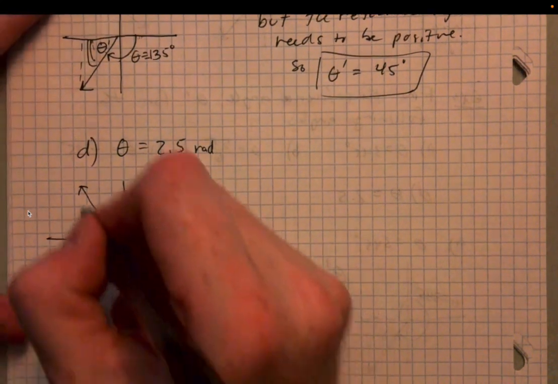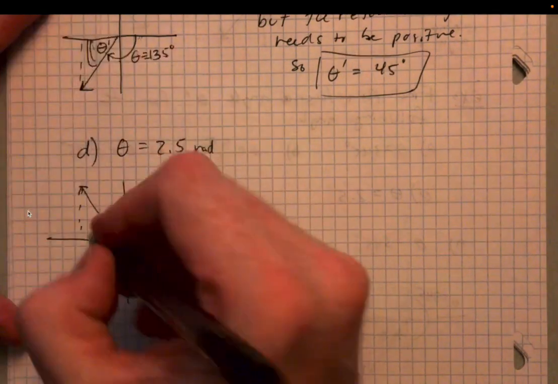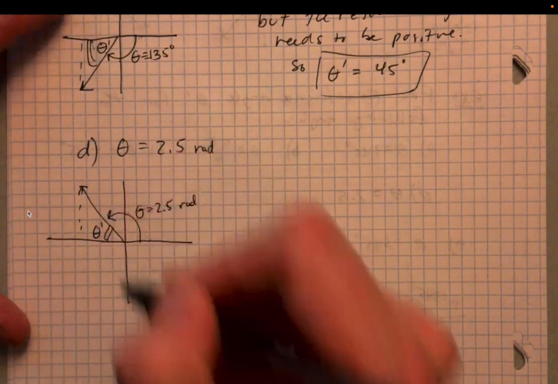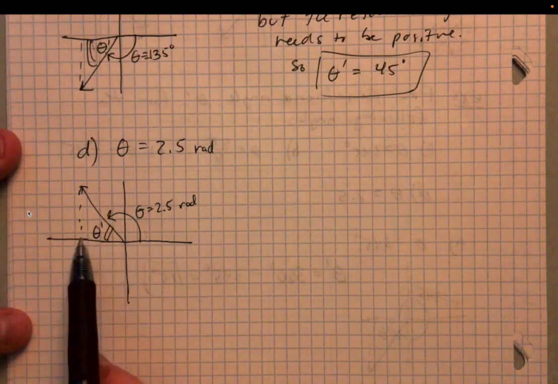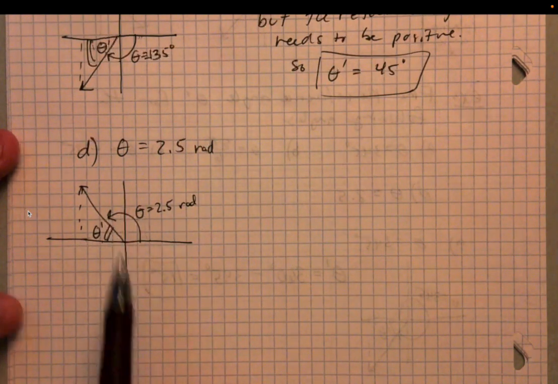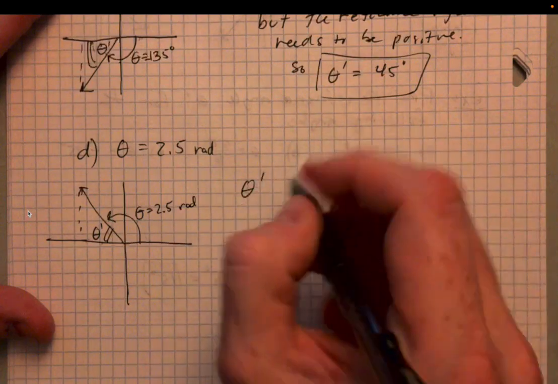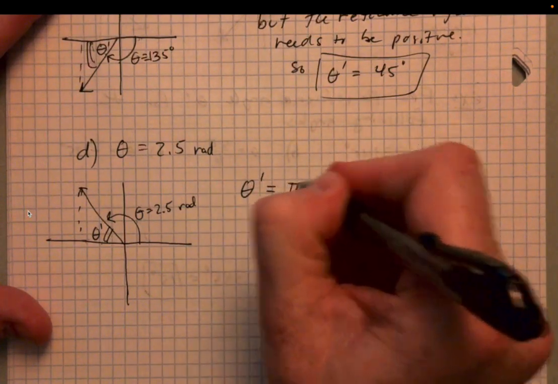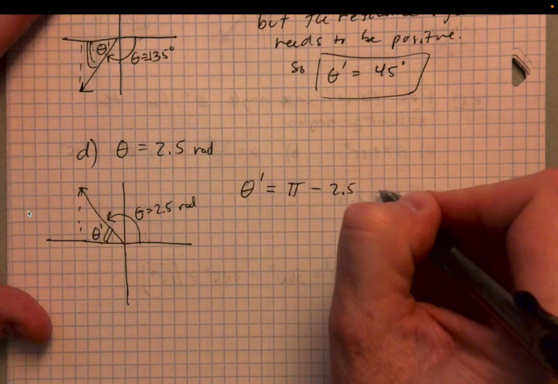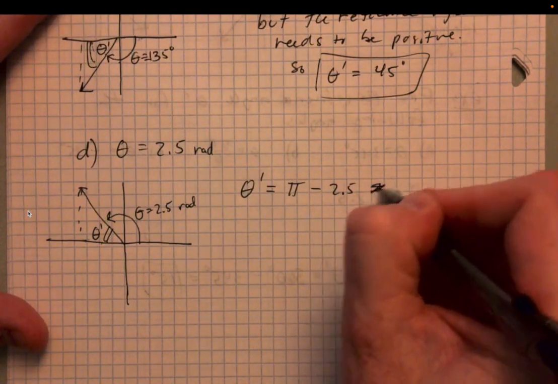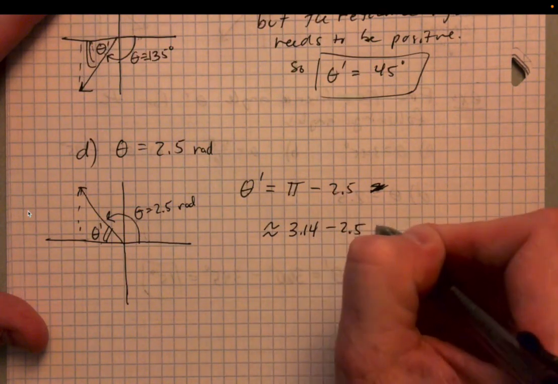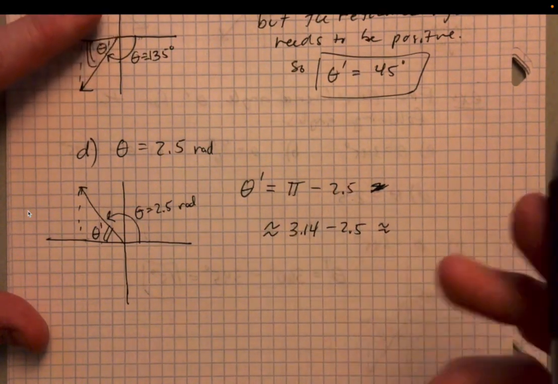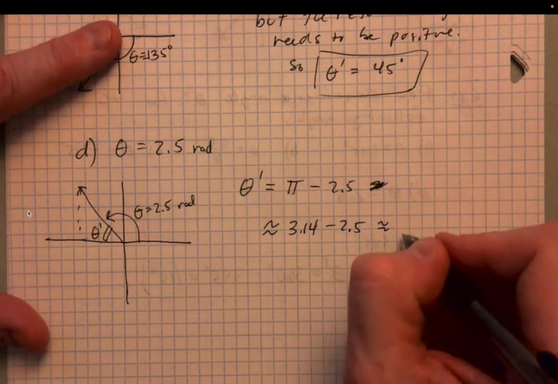And so the reference angle is going to be this part, right? And so what is that? Well, this is pi all the way to here, and that's 2.5, and so I could just do the subtraction, couldn't I? It's pi minus 2.5. And that's going to be approximately 3.14 minus 2.5, and so it's approximately 0.64.